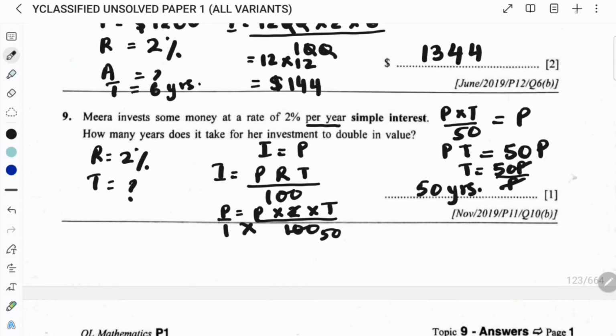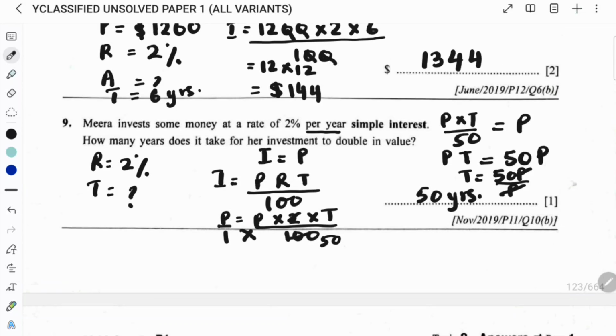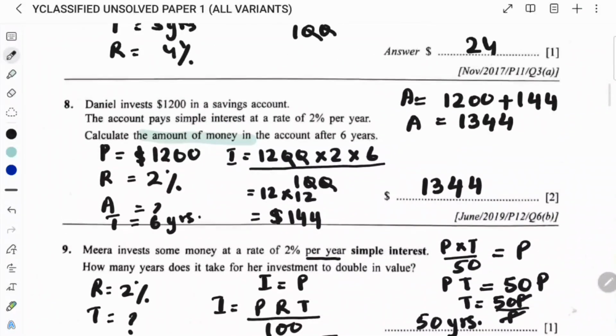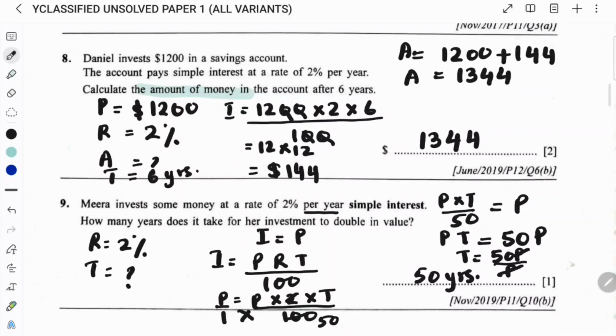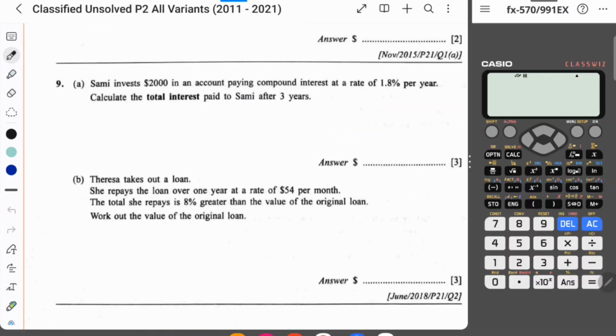Let's do some compound interest questions. It wasn't available in paper 1 questions, so I took some paper 2 questions to understand how to solve compound interest questions. So there you can use the calculator also.